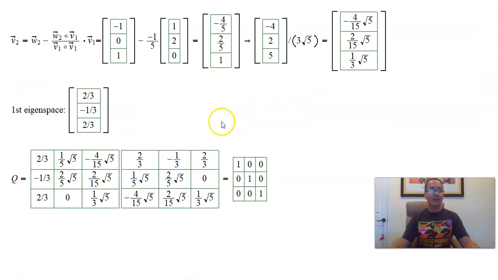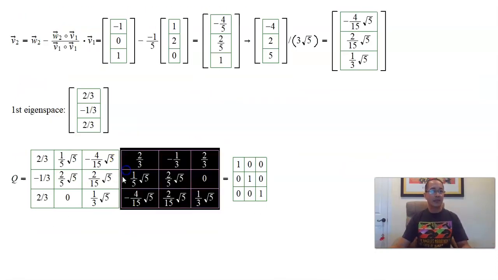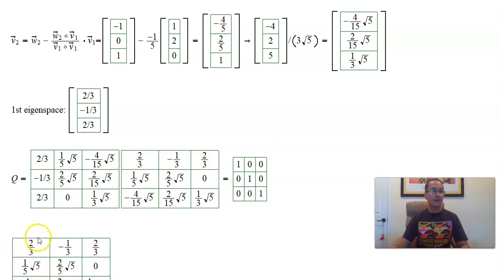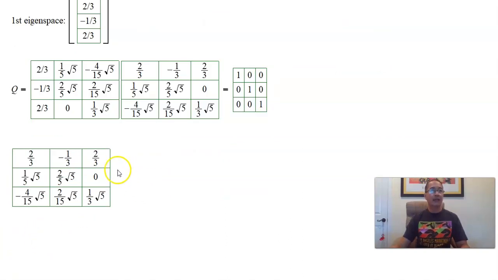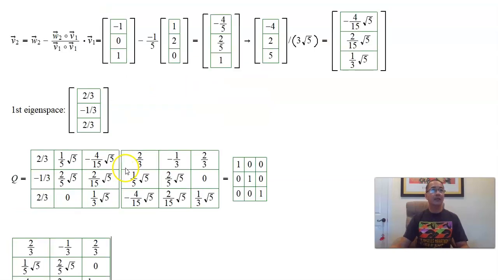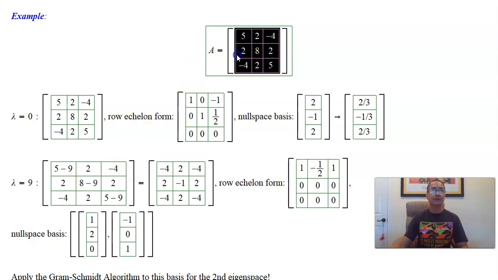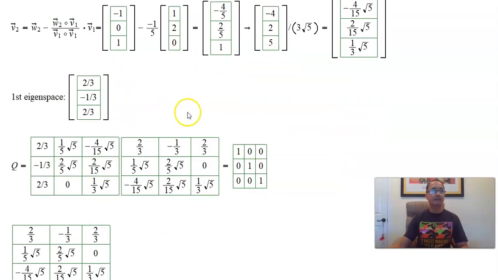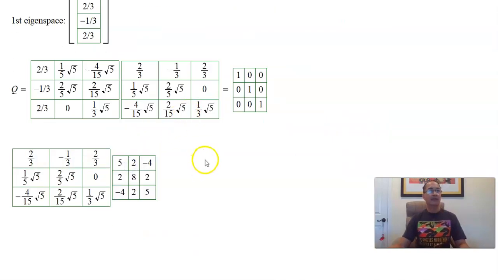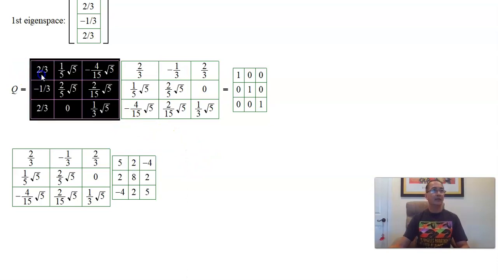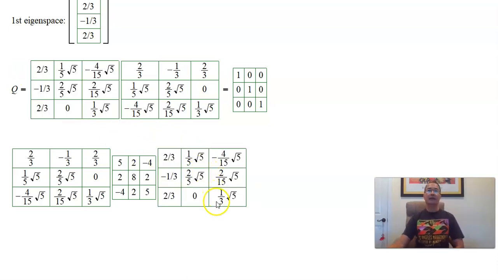Q transpose, we said this is our transpose. We put A in the middle. The original matrix is over here, and this is the Q on the right.